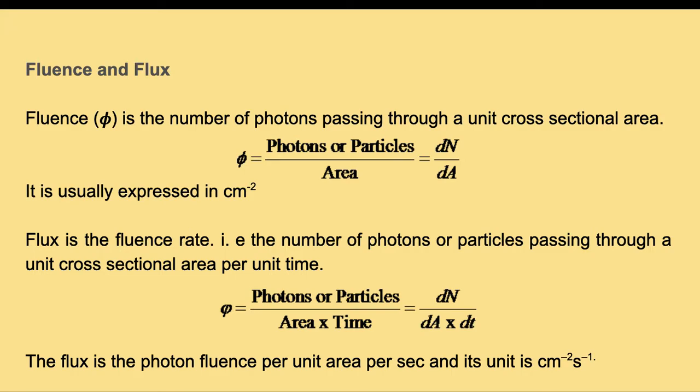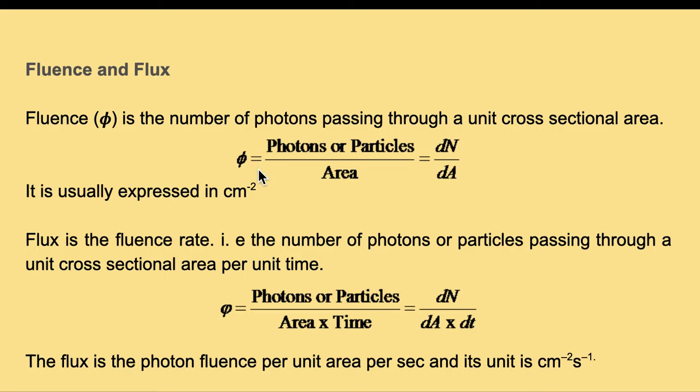We can start with the concept of fluence and flux. This fluence, represented as phi, this is capital letter phi, is the number of photons passing through a unit cross sectional area. And more correctly, you can consider it as the number of photons or particles passing through a unit cross sectional area.